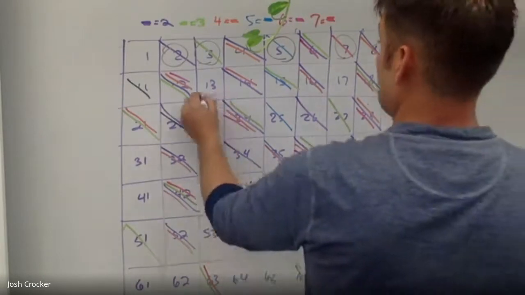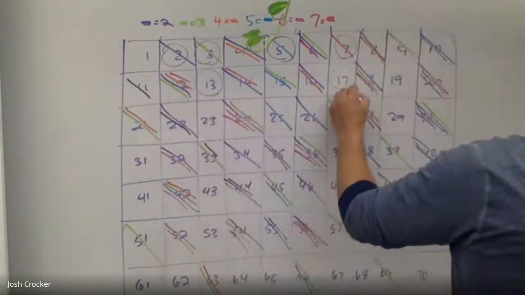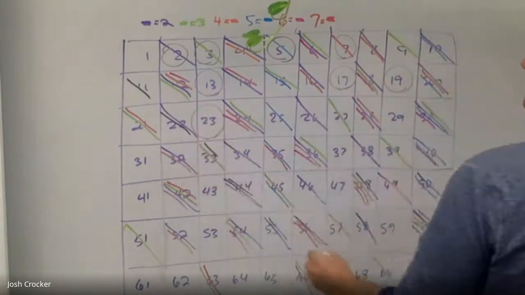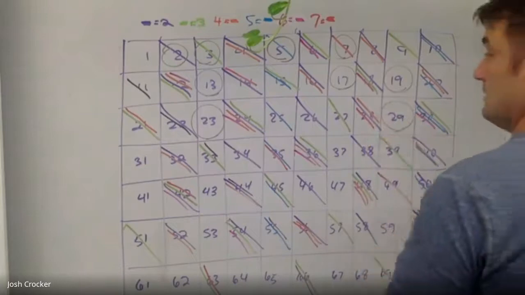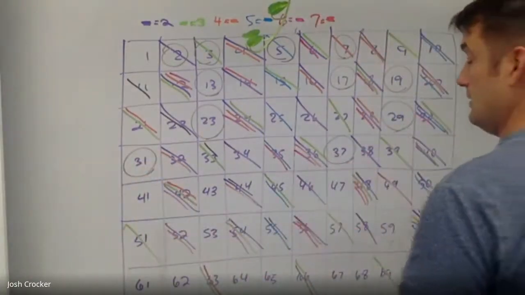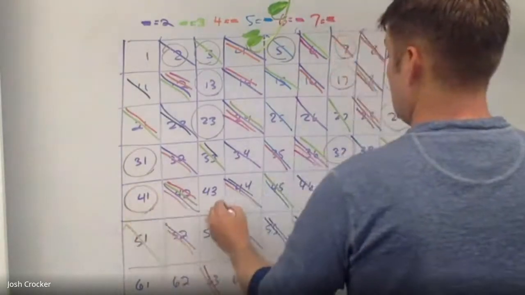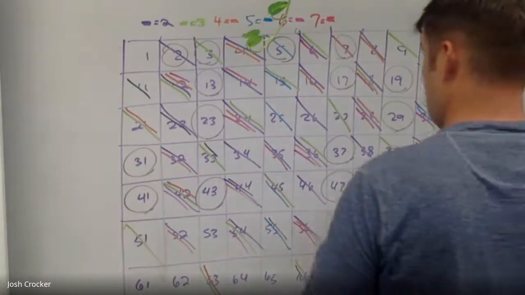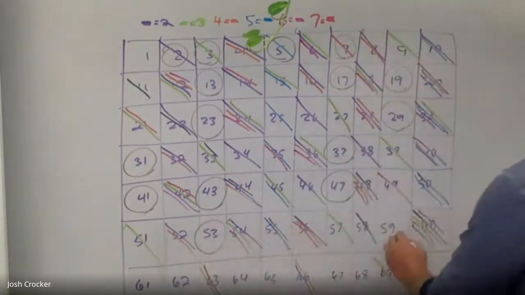So 13, 17, 19, 23, 29, 31, 37, 41, 43, 47, 53, 59.